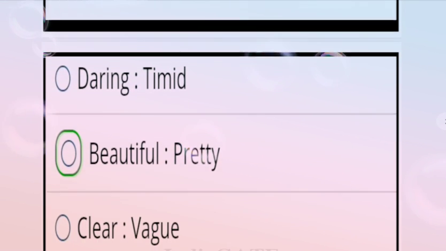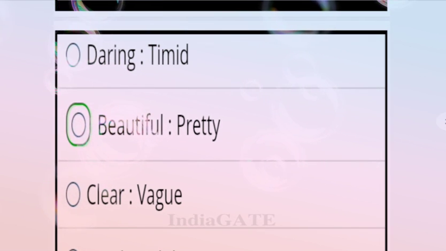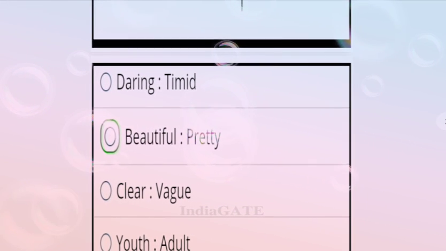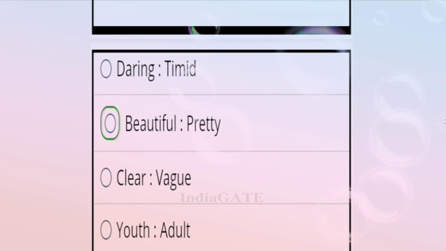In the following questions, select the one which is different from the other 3 responses. The next question is given like this and the options are: option A, daring, timid; option B, beautiful, pretty; option C, clear, vague; and option D, youth and adult.